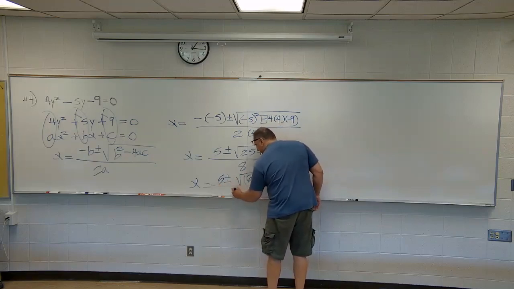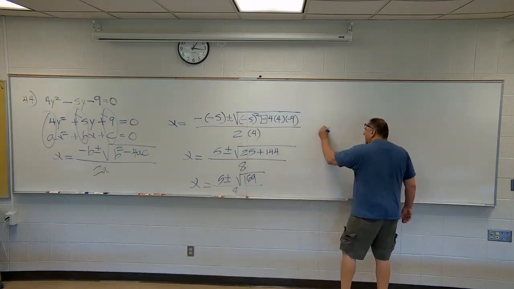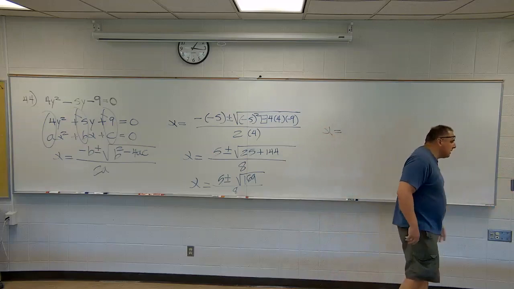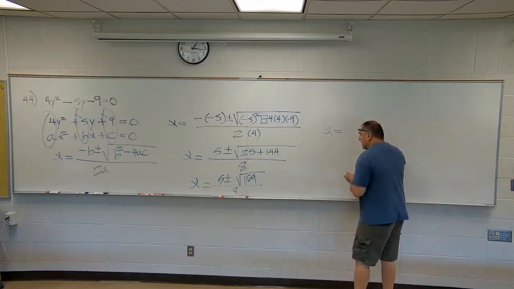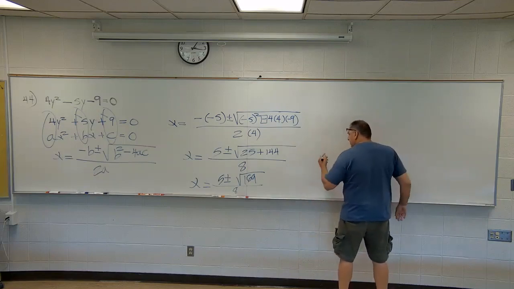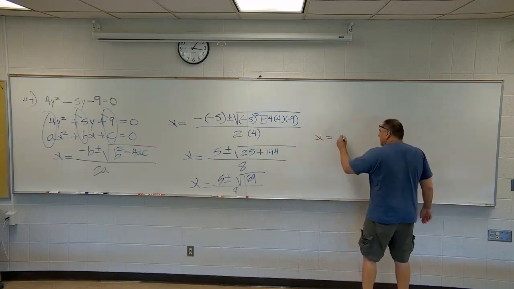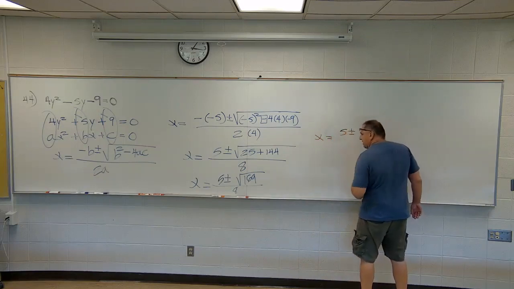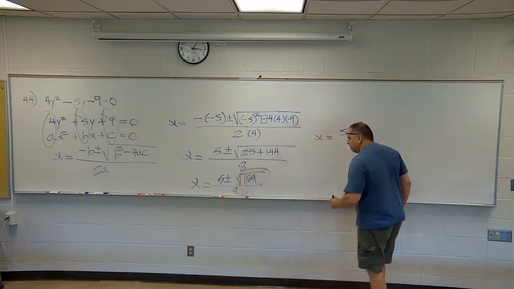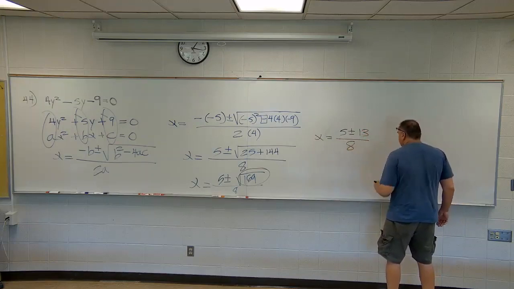So kind of keep that in the back of our minds here, guys. We got x is equal to 5 plus or minus the square root of 169, which is 13, over 8.